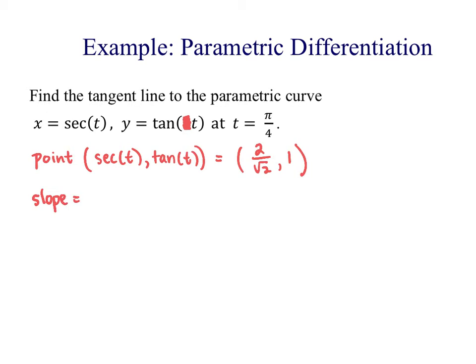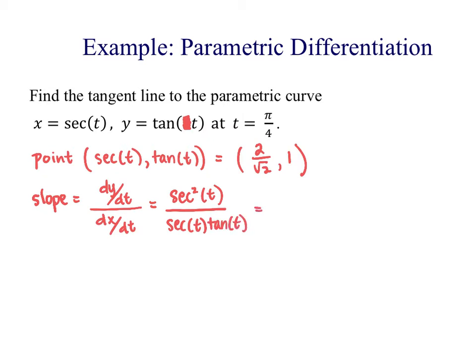we will need the first derivative, so we'll need dy dt divided by dx dt. So dy dt is the derivative of tangent, so secant squared. Dx dt is the derivative of secant, which is secant tan. So reducing, we get secant over tangent.